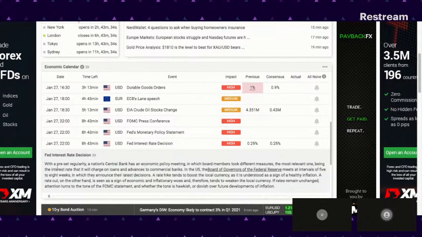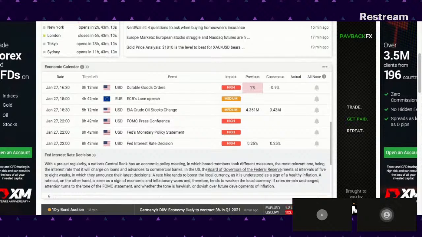Here is a brief description of the interest rate. The National Central Bank has an economic policy meeting in which the board members took different measures. The most relevant one being the interest rate that it will charge on loans and advances to commercial banks.